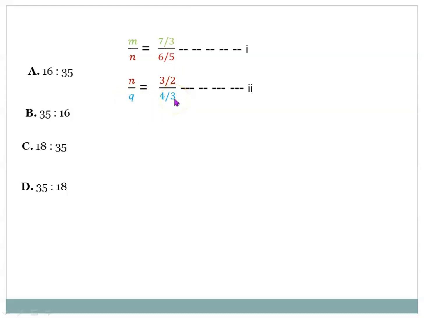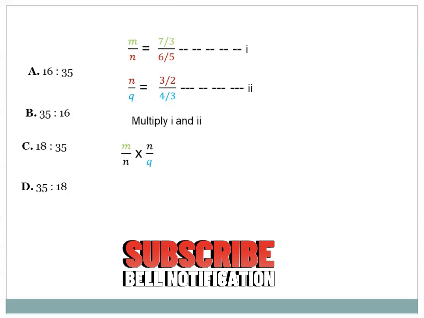Now what we can do here is multiply equation 1 and equation 2. Multiply equation 1 and equation 2, then what is going to be the result? We have m over n multiplied by n over q, right? Let's do the same thing to the right-hand side. So we have 7 over 3 all over 6 over 5, times 3 over 2 all over 4 over 3.